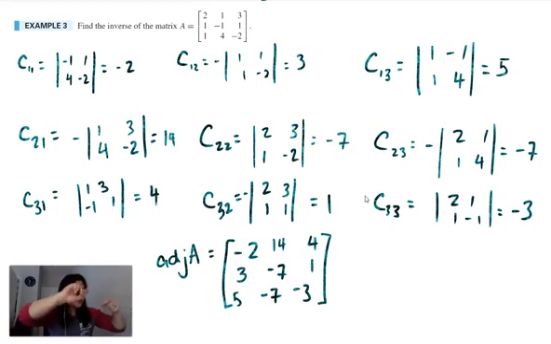I did flipping this way. Okay, so now we have our adjugate, and then what do we need to do?